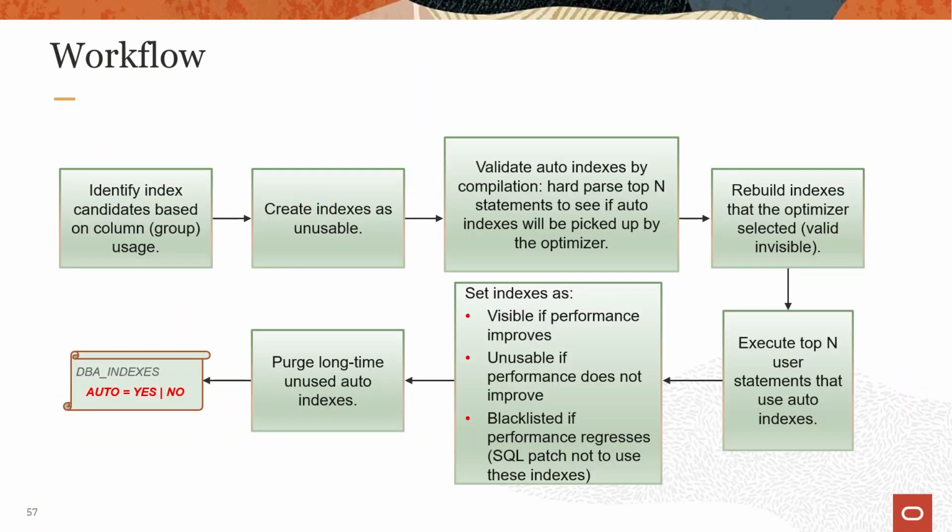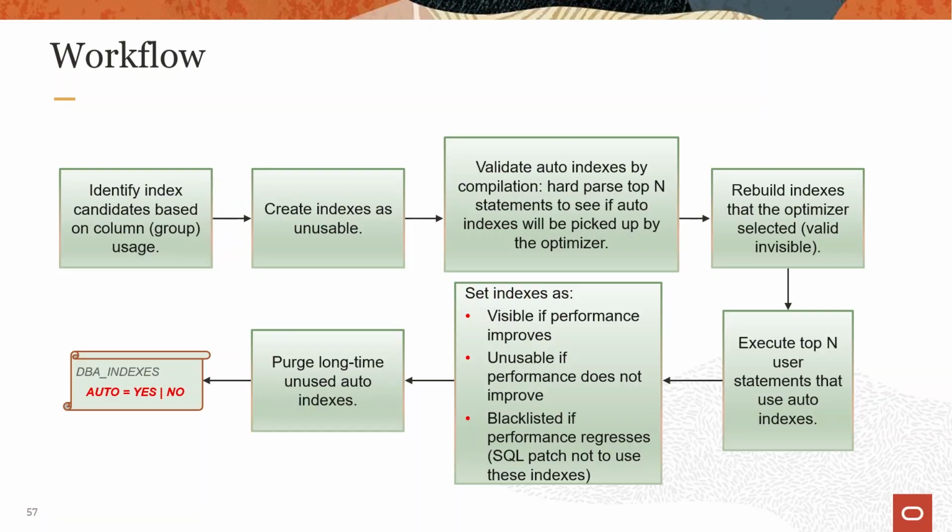Now, this slide shows the workflow of this new automatic indexing task. In one of the first steps, it will identify the index candidates based upon column and column group utilization.